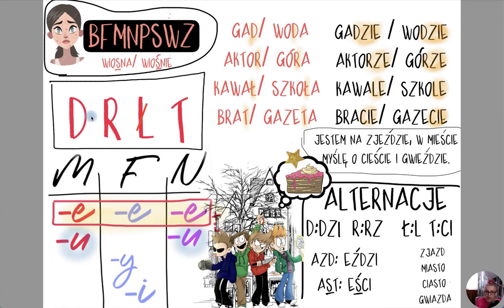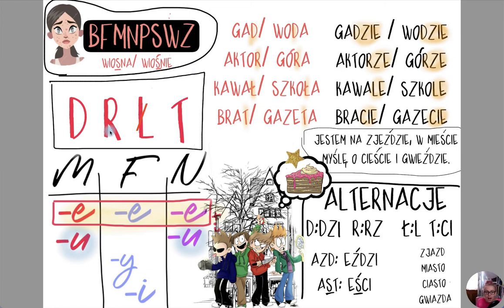Today we are looking at four more consonants, d, r, w, t, in Polish, which also cause alternations and also have the ending e. But this time, alternations are not exactly the same as in this example. So let's start with the assumption.